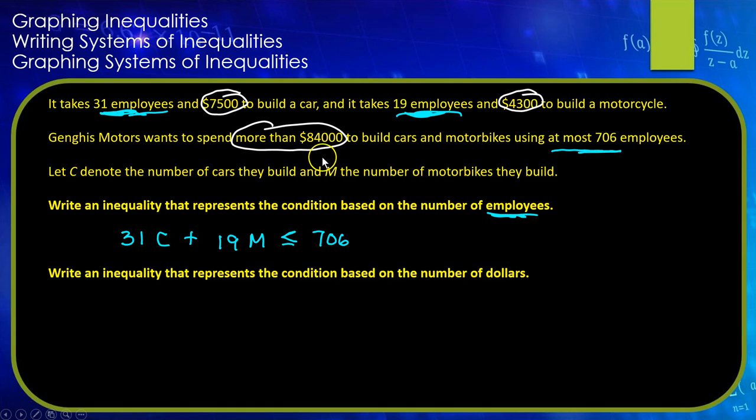So I'm going to use that $84,000. It's $7,500 to build a car, so if I want to figure out how much money was spent on making cars, I would take 7,500 times C, the number of cars. And likewise, the amount of money spent making motorcycles would be 4,300 times M. And since I want it to be more than 84,000, that's going to be greater than 84,000. So I would have 7,500C plus 4,300M, which is greater than 84,000.